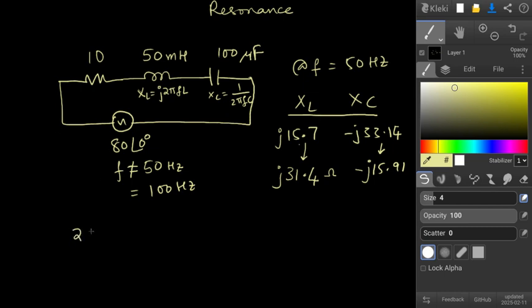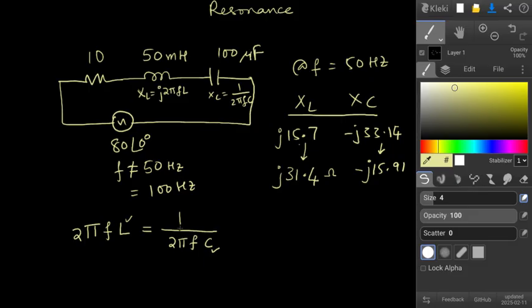So 2 pi f into L should be equal to 1 by 2 pi f into C. L is known, C is known, but f is unknown. For what value of f are both XL and XC equal?